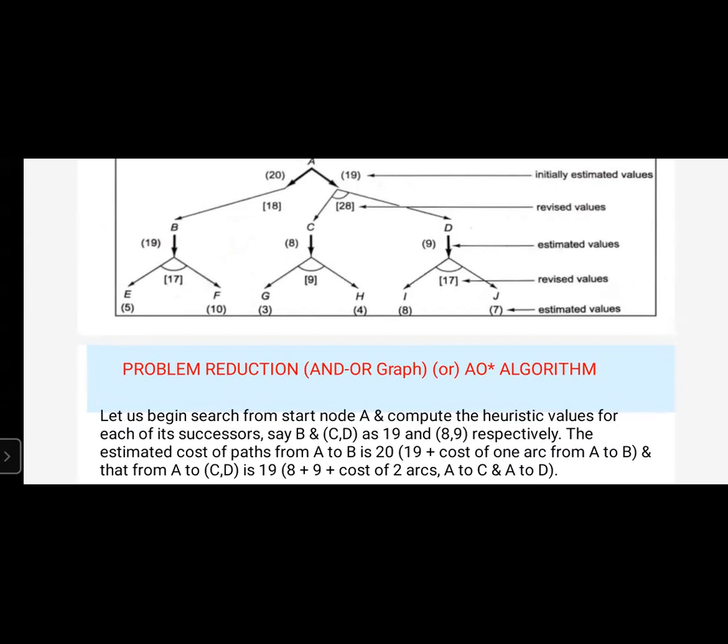Okay. Next. Now B has the estimated cost 20. Say B and C comma D. Now the initial estimated values are 20 and 19, right?